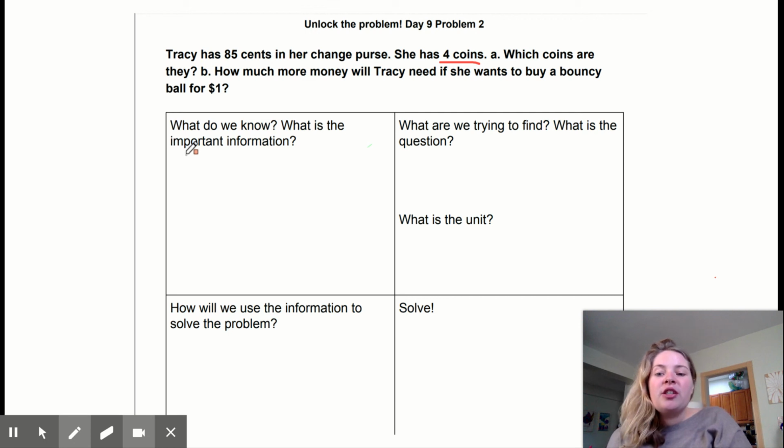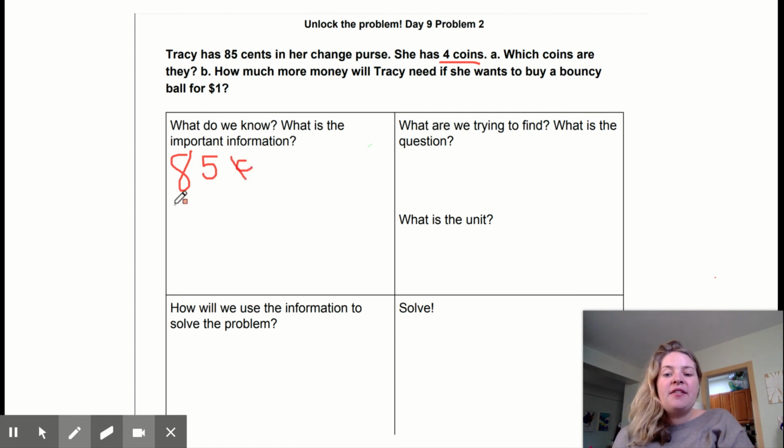We know that Tracy has 85 cents. We know that she has 4 coins. We know that she needs $1 to buy a bouncy ball. So $1 is our whole.